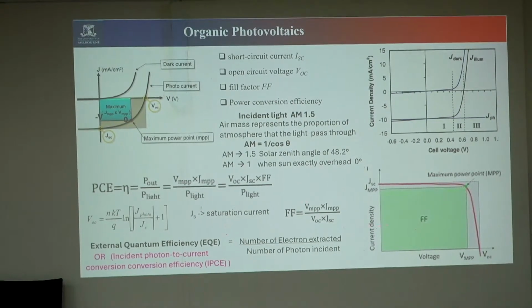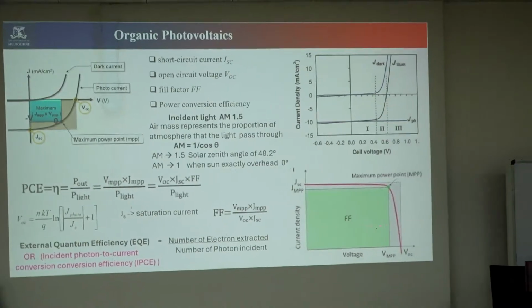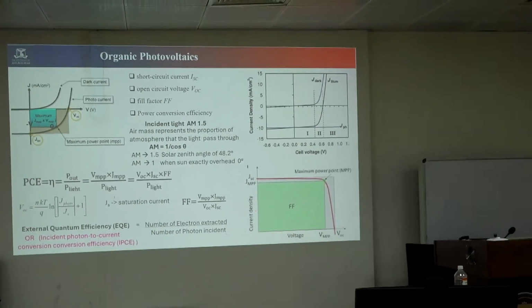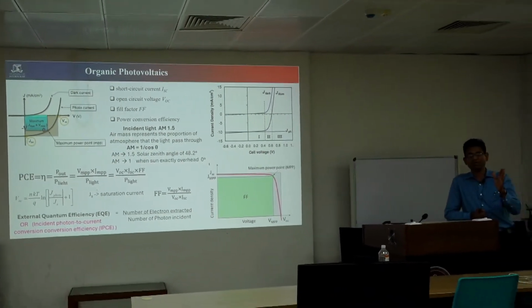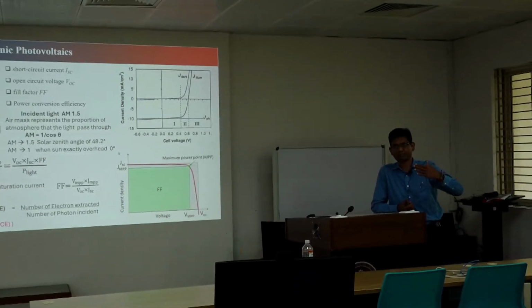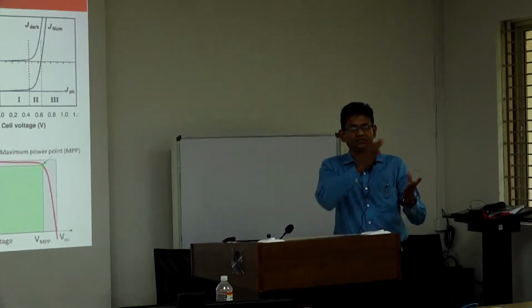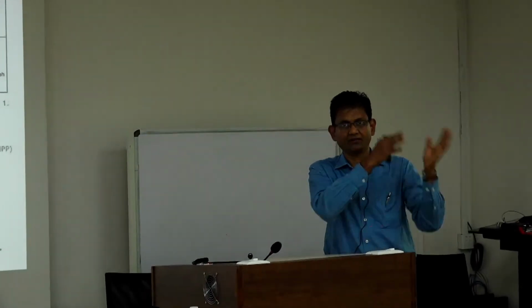When the rays travel through the atmosphere, some of the illumination may be lost. Suppose the light is straight above, the intensity is more. If it is crossways at 45 degrees, the intensity is different. Naturally you know that. So we are not always getting sunlight straight away; we can get it from all directions. So we fix that at 1.5 AM.